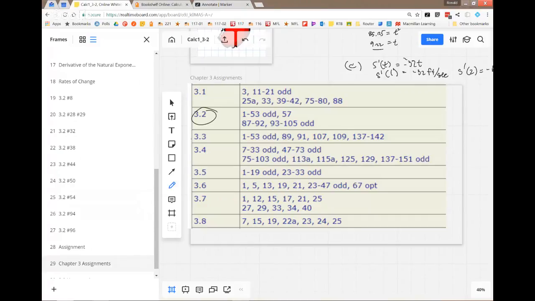Any questions? So that then is the assignment for tomorrow, for Wednesday. Questions?